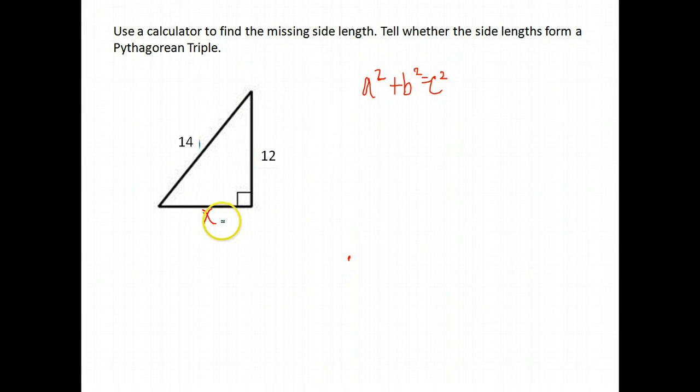My legs are x and 12, so I have x squared plus 12 squared equals 14 squared. Square those. 12 squared is 144, 14 squared is 196. I would subtract 144 from both sides.